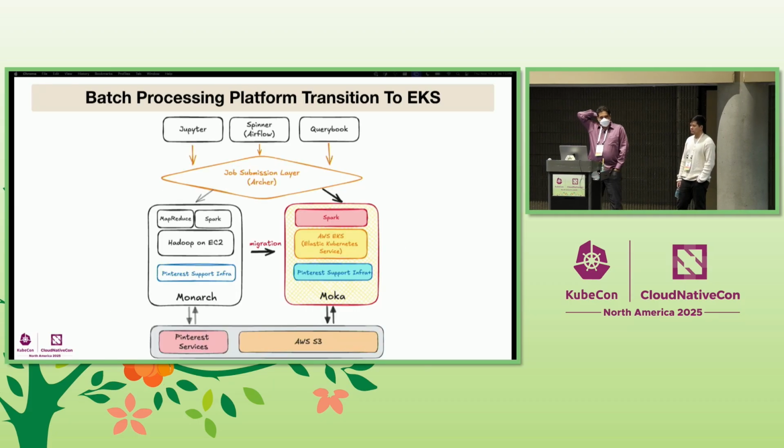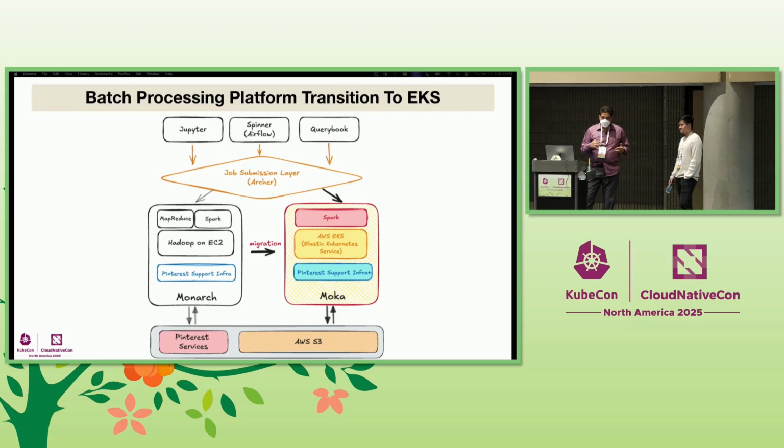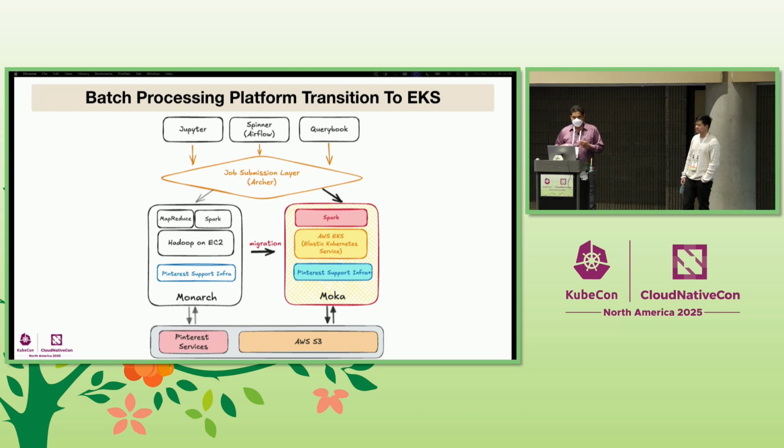So zooming in even further, so this is Mocha, our batch processing platform at Pinterest. So we're in the middle of or almost maybe towards the end of a transition from our previous batch processing platform, which was Hadoop-based, to Spark on EKS. And by the way, for the purpose of this talk, we'll kind of interchange Kubernetes and EKS.